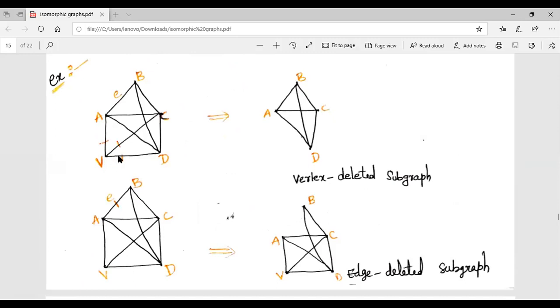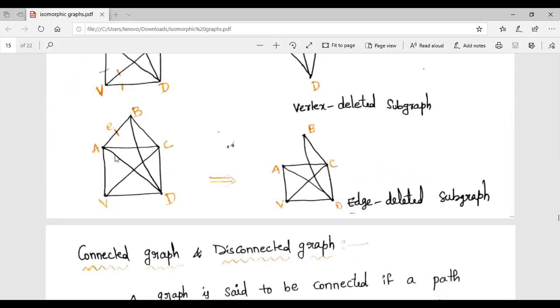The incident edges, these three, are also removed. So the A to v edge is removed, the C to v edge is removed, and the D to v edge is removed. The remaining graph G minus v is A, B, C, D. This is the vertex deleted subgraph.